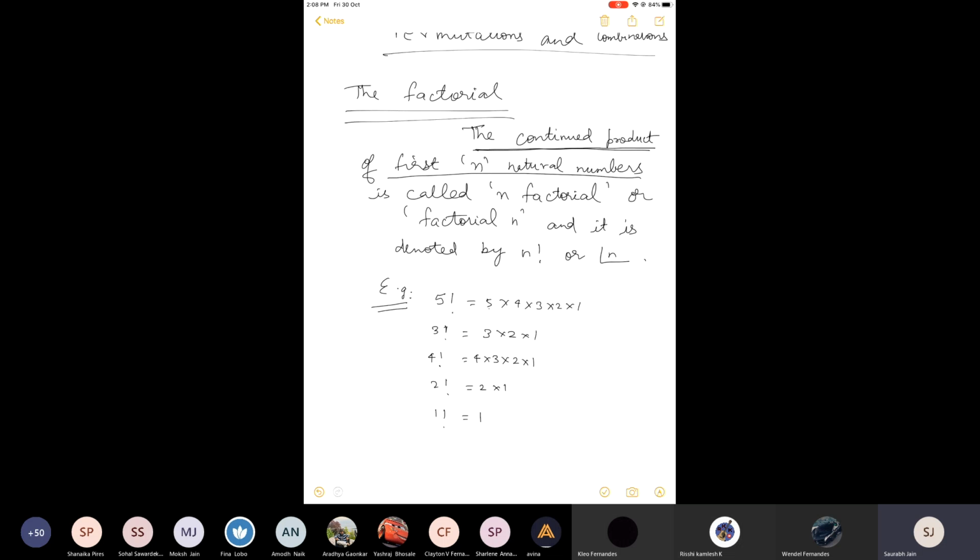So in that way you can calculate their values. When you multiply all these, in the first one you will get 120, in the second one you will get 6, the third one 4 into 3 into 2, that is 24. Here you get 2, and this you get as 1. Okay, these are the values. So this is the meaning of the notation n factorial or factorial n.